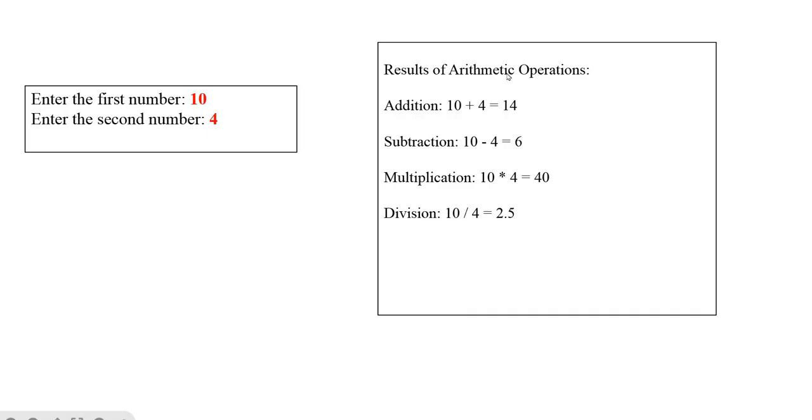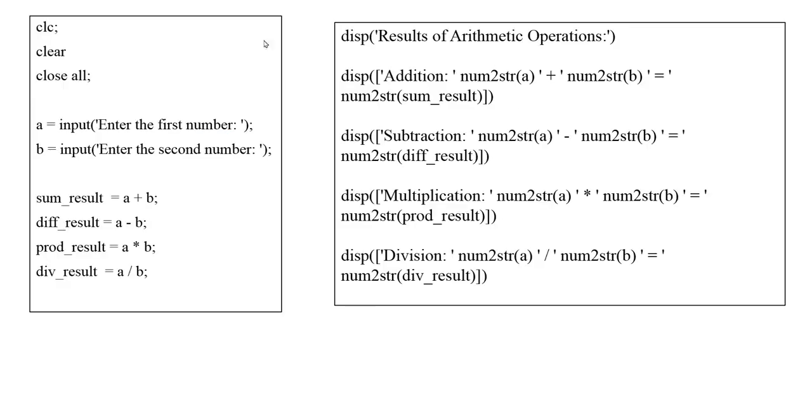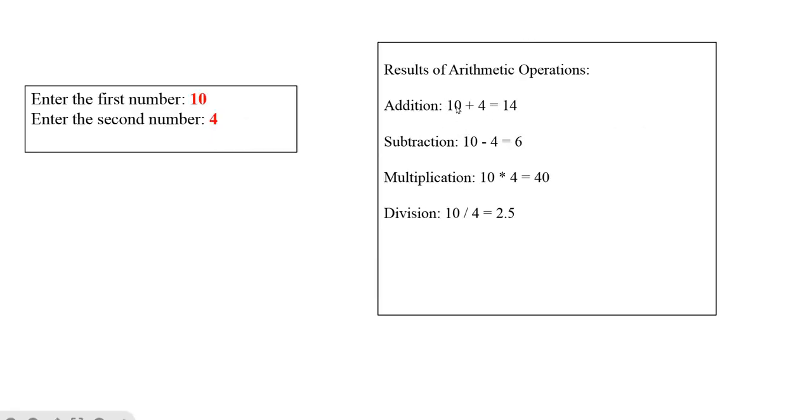Next we are combining the text along with the numbers, so for that we have converted the numbers into strings. Here Addition colon, then you have 10 plus 4, which is nothing but num2str of a plus num2str of b, equal to num2str of sum_result. Similarly for subtraction, multiplication, and division. When you use the num2str command, you can display the output in this fashion.